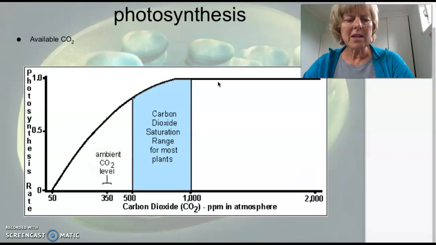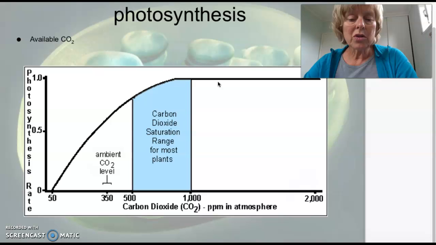The next factor that is limiting photosynthesis is the carbon dioxide concentration in the air. So how much carbon dioxide is available for photosynthesis, because carbon dioxide is one of the reactants that is needed to make a glucose molecule.